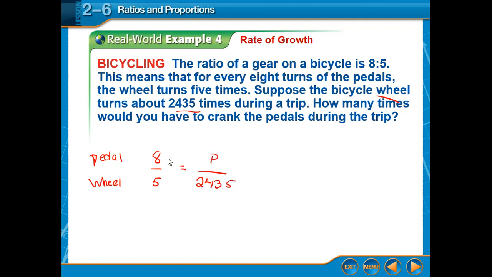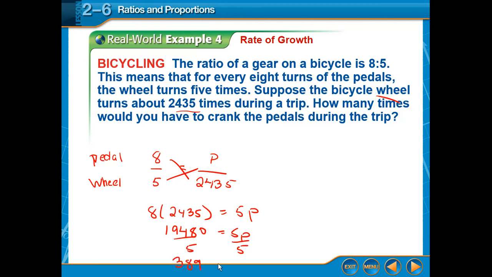To solve this proportion, I'm doing 8 times 2,435, and it's going to be equal to 5 times P. Okay, so 8 times that is 19,480, which equals 5p. To get p by itself, I'm going to divide both sides by 5, and when I do that, I get 3,896 as my p.